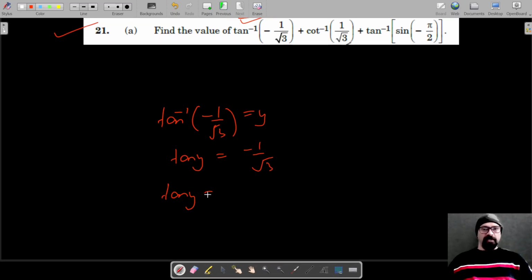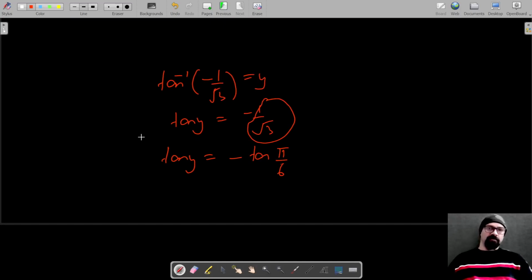And we know that the angle for which the value of tan is 1 by root 3 is pi by 6, which is 30 degrees. So this is tan of pi by 6.